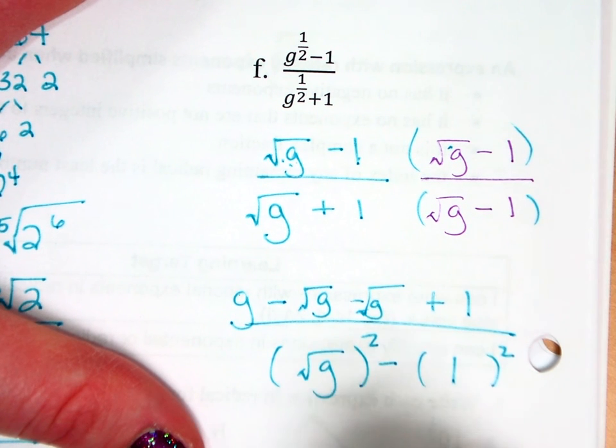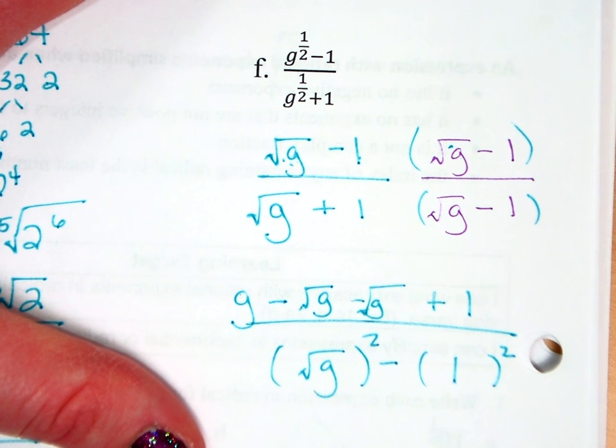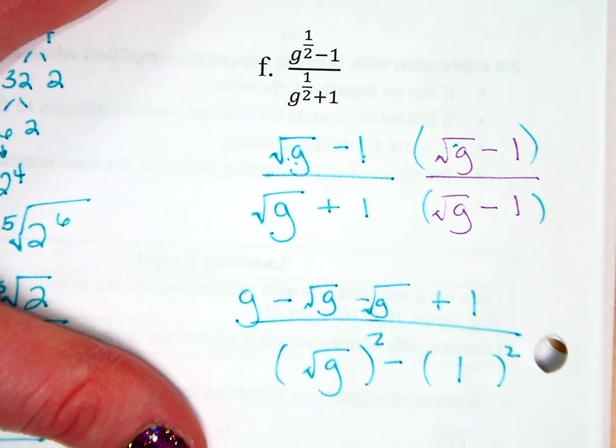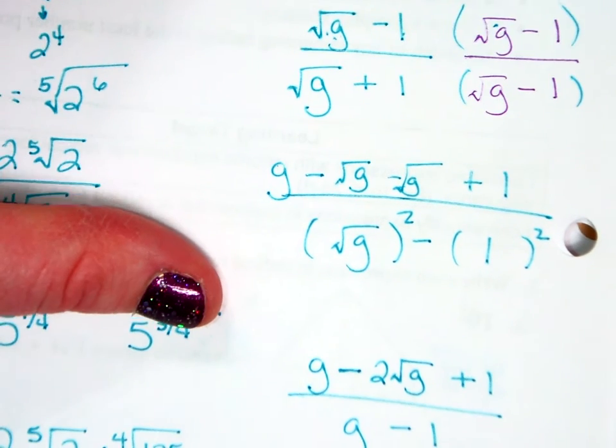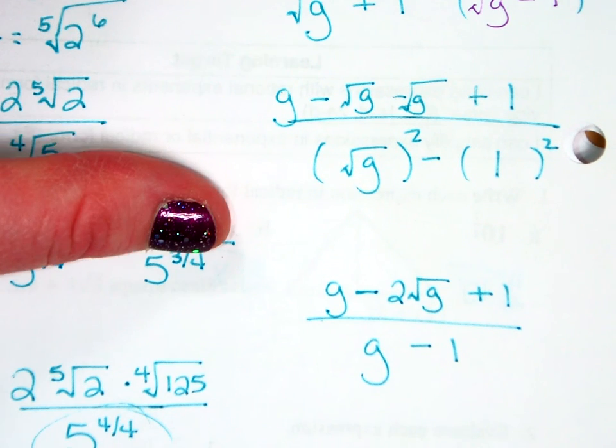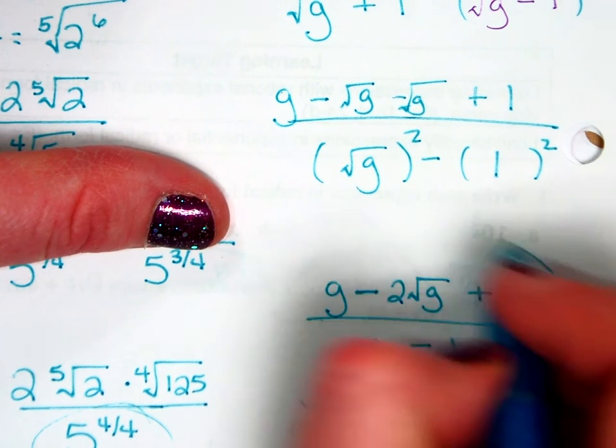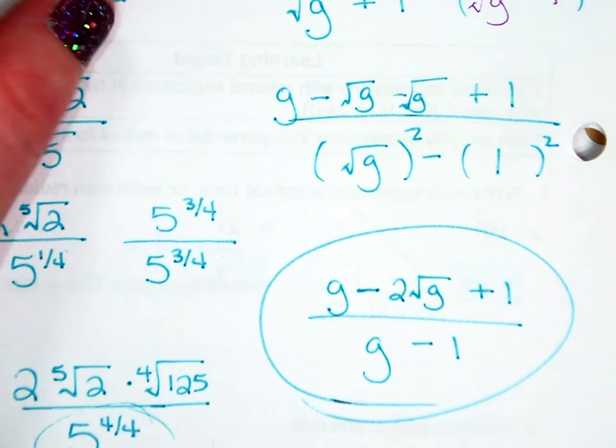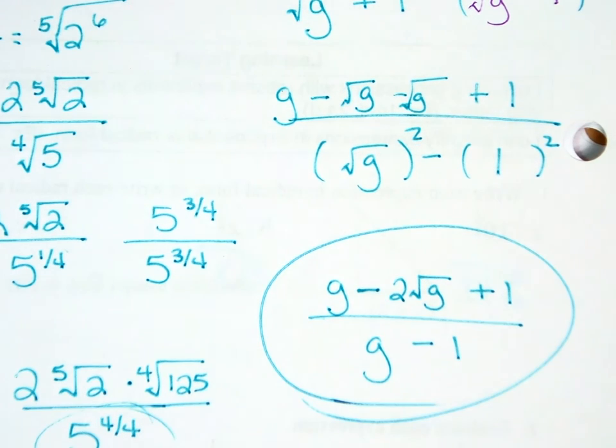So I get g minus 2 square roots of g plus 1. So there's my final answer. It is not 1, and I'm going to have to recheck that for what I did in my other class. So that's the video for 6.6.